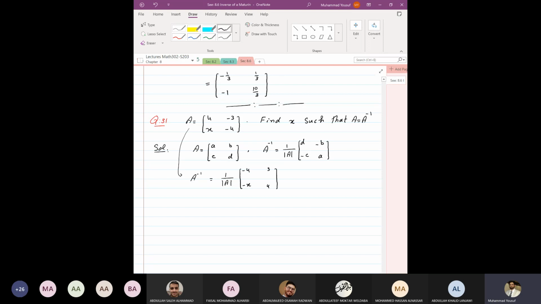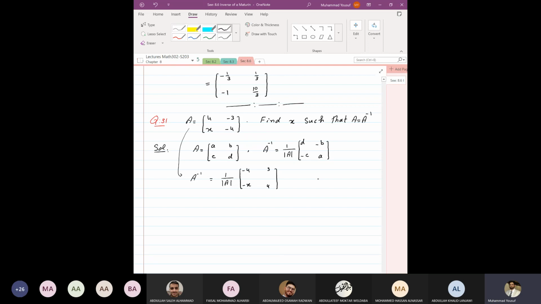So now, to make this matrix as matrix A, we need to multiply by a negative. And also there is nothing in the denominator.